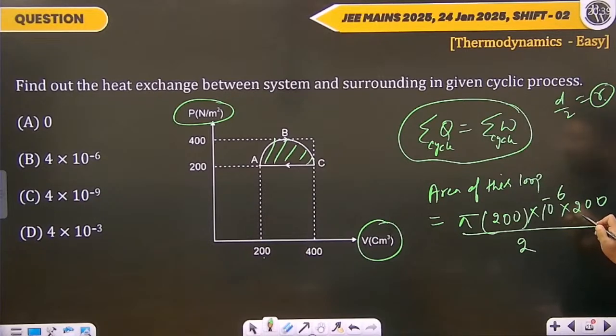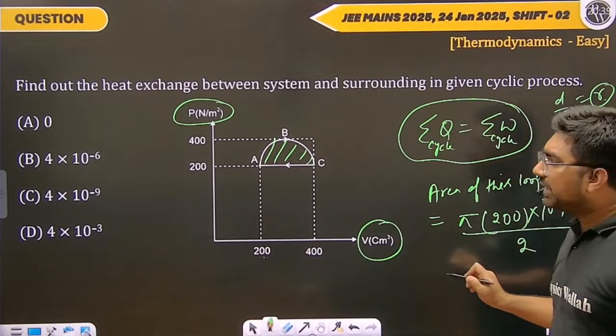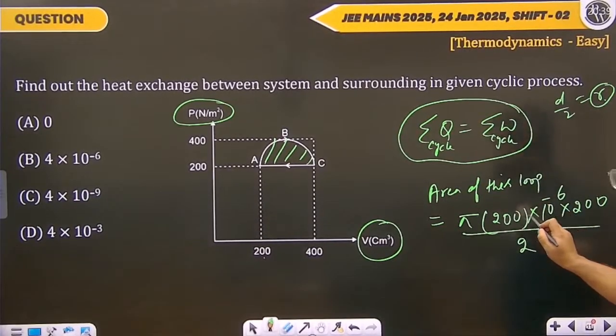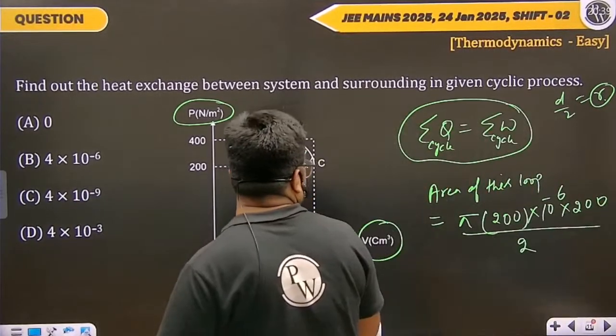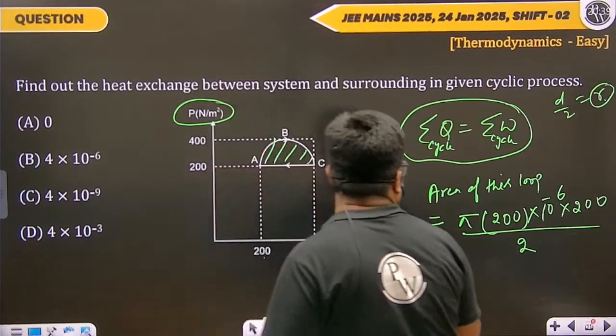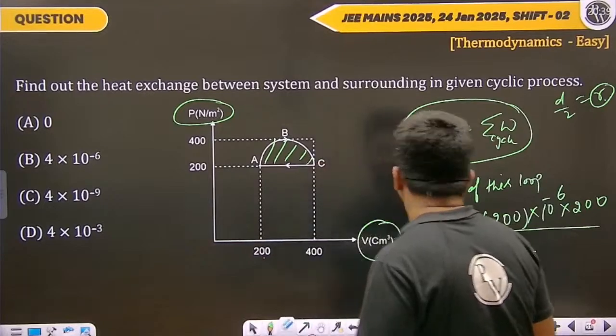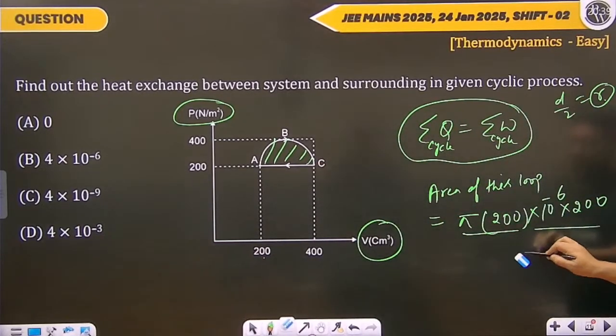And this will become 4 into 10 to the power minus 2 into 10 to the power. Correct match is D option. 4. And this is 2 square, 2 into 2, this is 4. This is half. So correct match is 4.